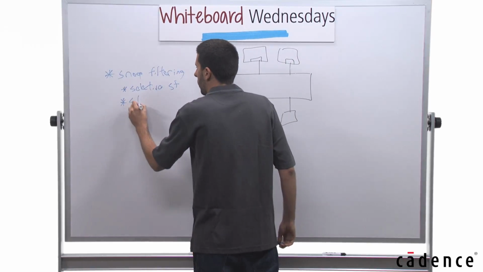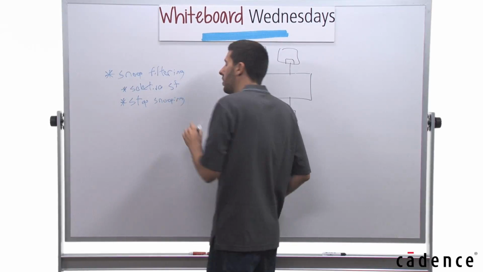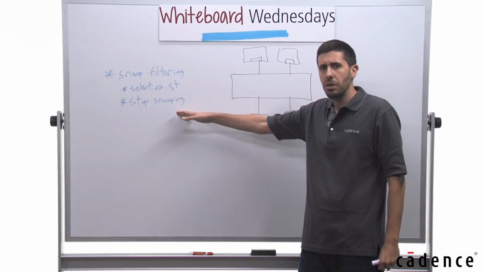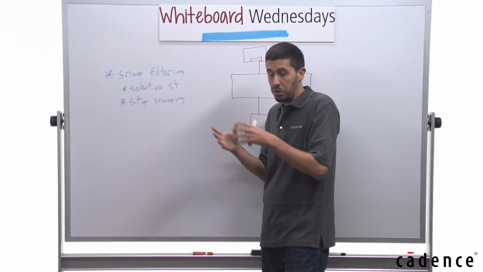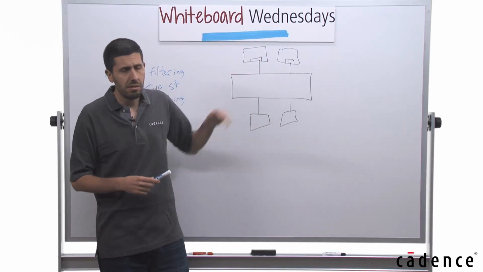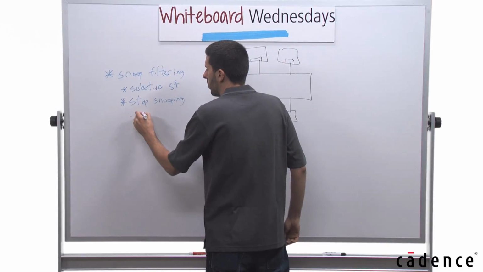Another challenge can be stop snooping. When I say stop snooping, I mean under what condition do I stop snooping? I can always have a naive implementation where every time I get a request for a read or a write, I snoop all the possible masters. This is, of course, inefficient. So we can stop the snooping according to data.